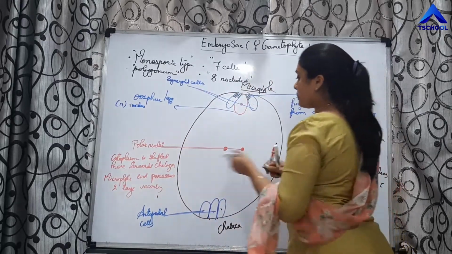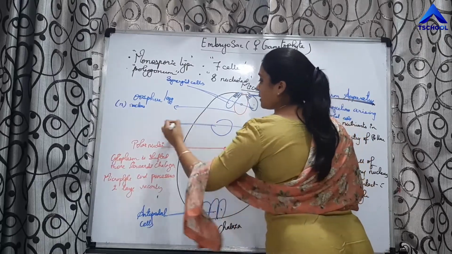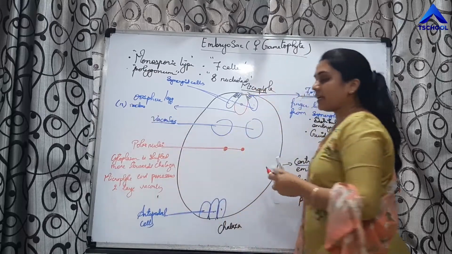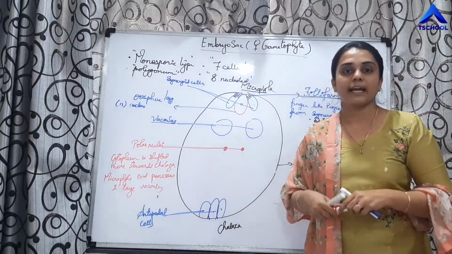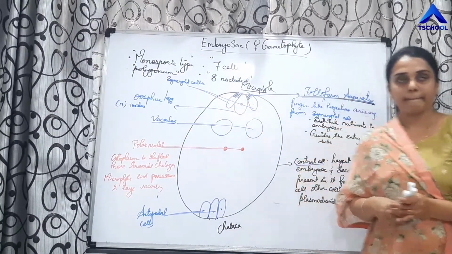So there will be presence of two large vacuoles towards the micropyle. So this is the structure of an embryo sac. It is a typical embryo sac. Clear? Coloring.